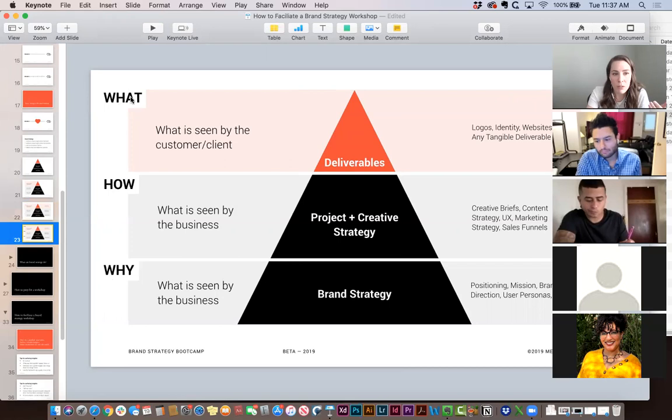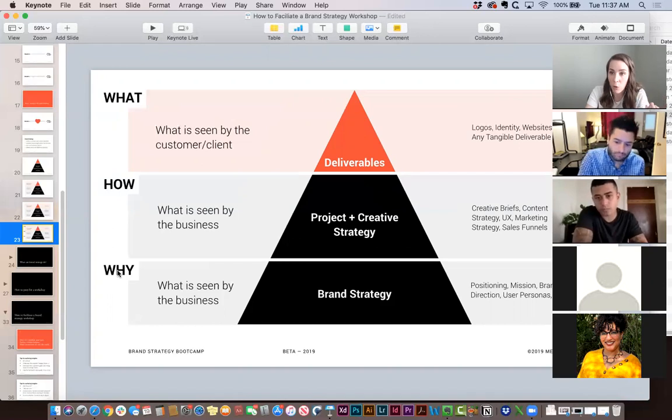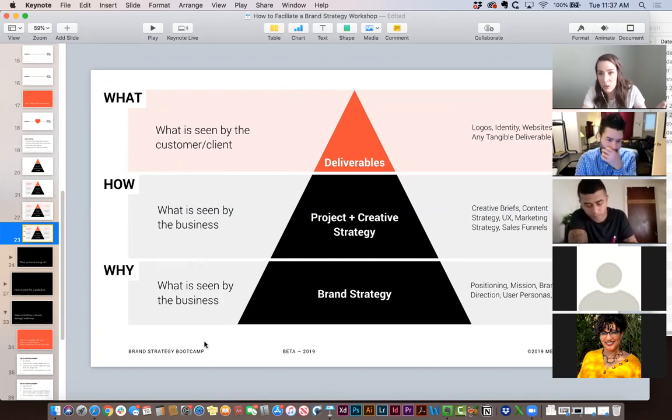And then I broke this down too, that when the brand strategy portion is more of the why, that's the core. When you get into project and creative strategy, that's more the how. So how does their why actually live in the world? What does it look like? How do they talk? How do they sell? How do they attract their customer? And then the what is the actual tangible goods that end up coming from all this great foundational work.